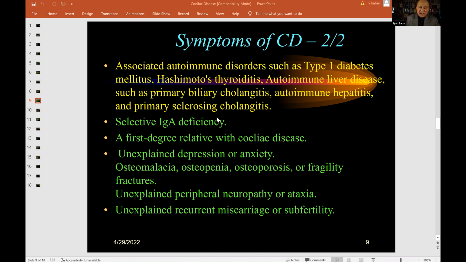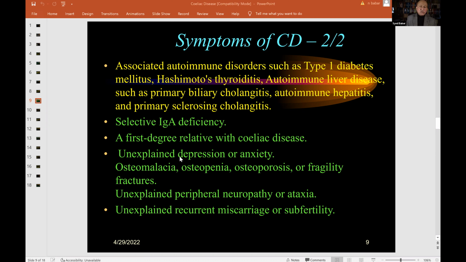Because of selective IgA, immunoglobulin A deficiency, there could be greater vulnerability. And this is something which is seen in genetic aberrations. So if there's a first degree relative with celiac disease, the sibling is likely to have a similar condition, or celiac disease.